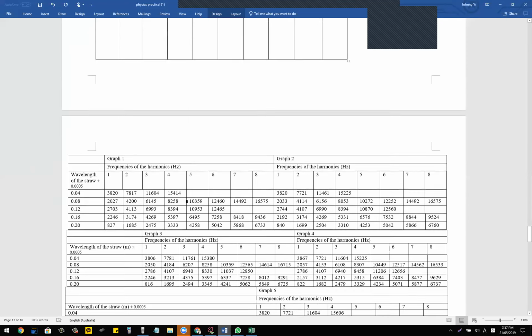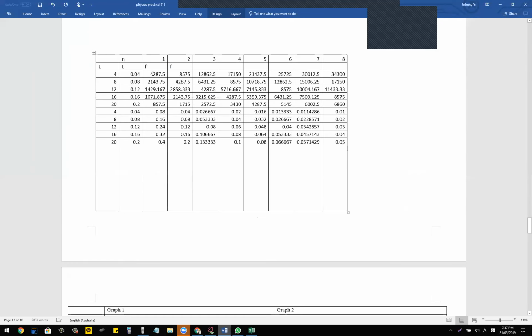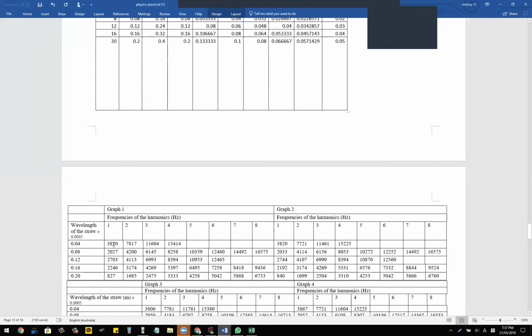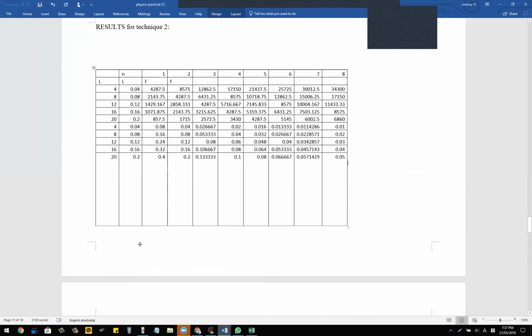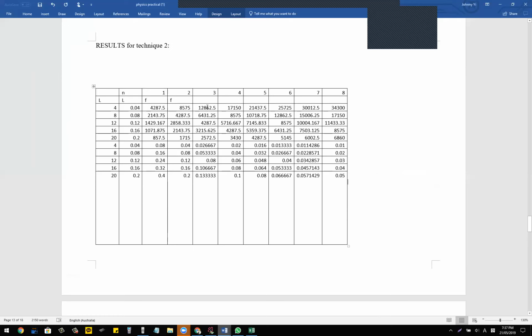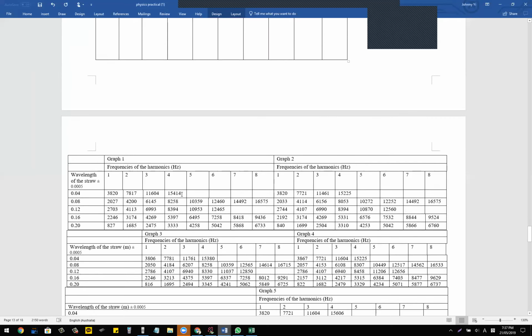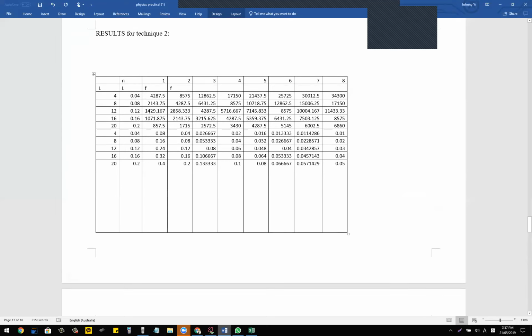Okay, so for 0.04, 4,000, 8,000, but you got, that's pretty close. Fourth harmonic, okay. Let's compare that with 8 centimeter.